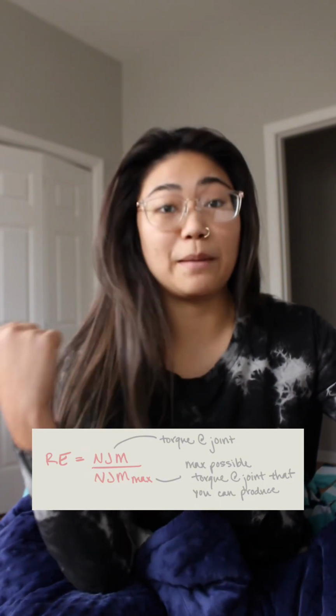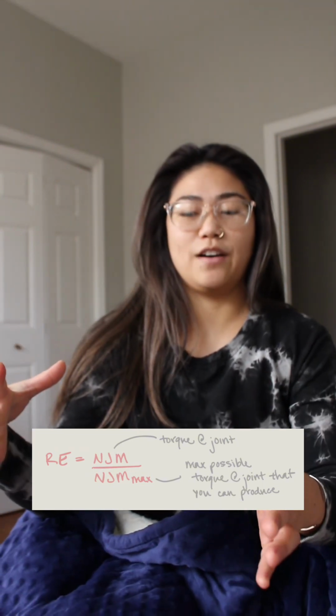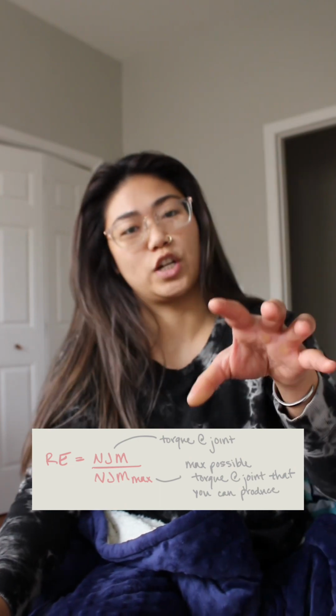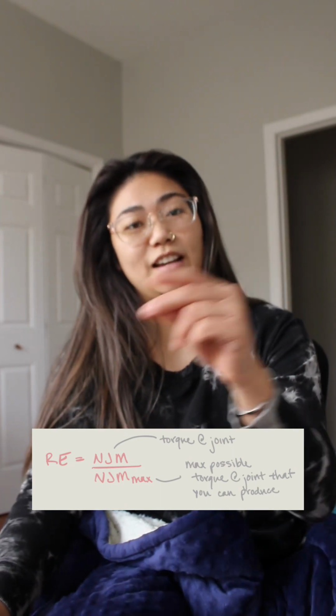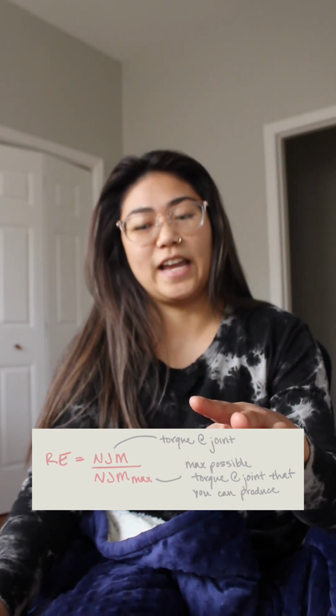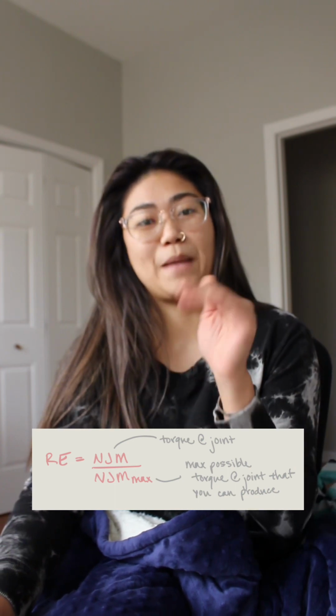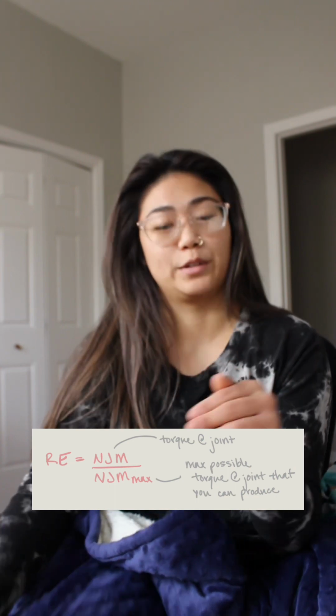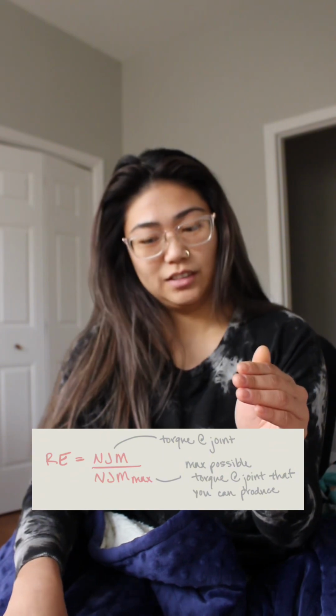But how relative effort was calculated in the paper was you have net joint moment that was produced during a movement at a certain instance, and then divided by the max possible net joint moment that can be produced at that specific angle.